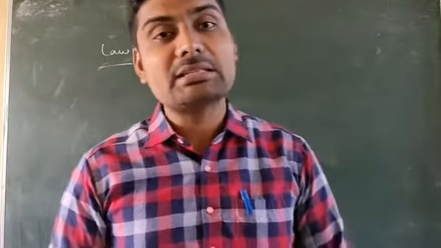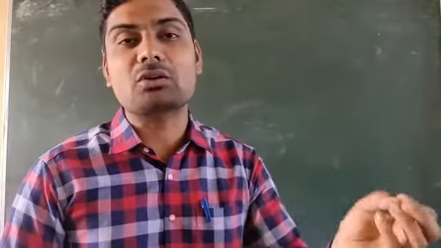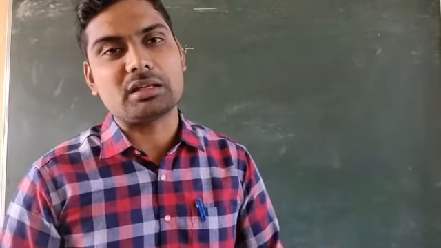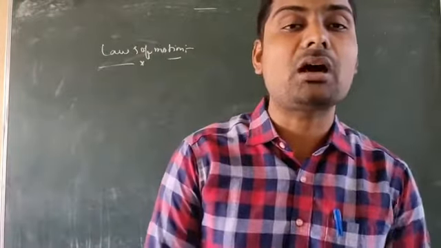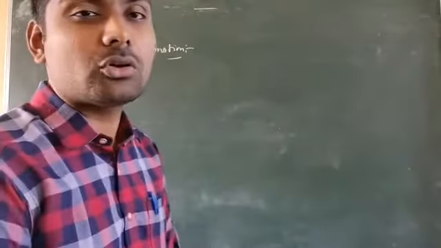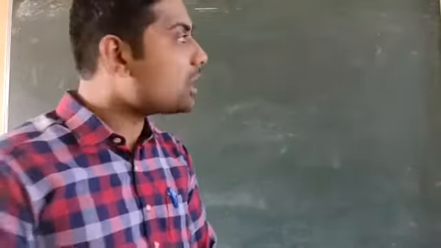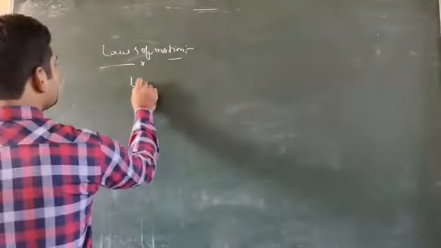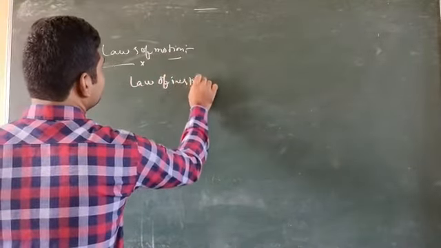Finally, it was Newton who drew the conclusion and made these three laws. So the first law is also known as the law of inertia. Now we are going to discuss the first law of motion, the law of inertia.